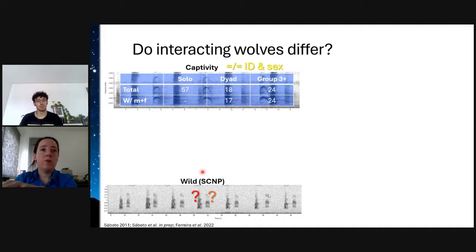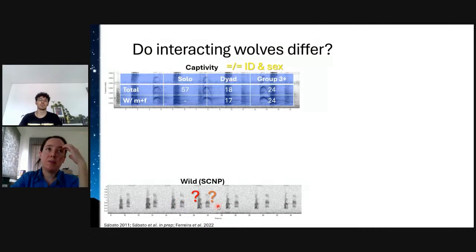And could we do something like that for the wild recordings? Can we discriminate which maned wolves are interacting?